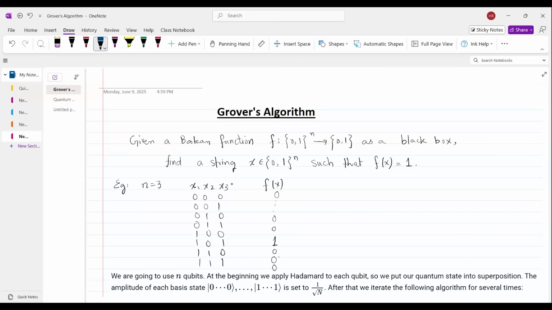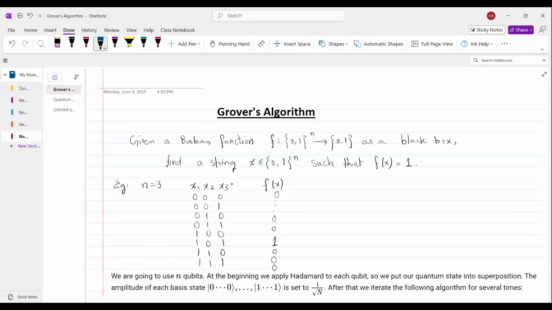The Boolean function is given to us as a black box, so we do not know how the function works, and it gives us no insight about the structure of the function. We need to find a string such that f of x is equal to 1.